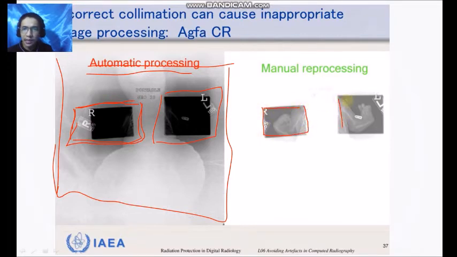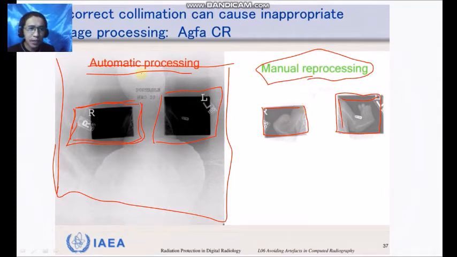Okay, and then right after the computer will display these images, then that's the time that you can do a manual processing. No, maybe after automatic processing, the image appears very dark or very light. So right after, in manual processing, we can adjust the contrast and the density to an adequate contrast and also density that is required for the examination.